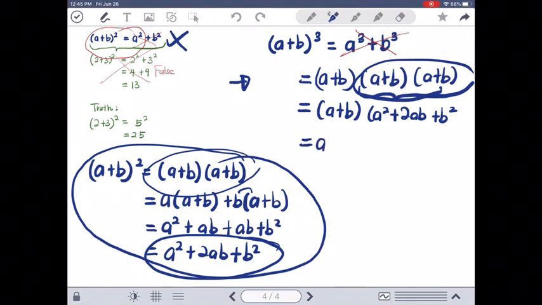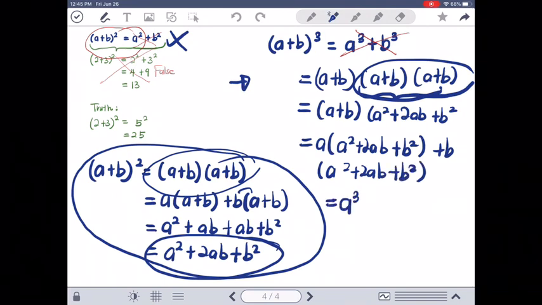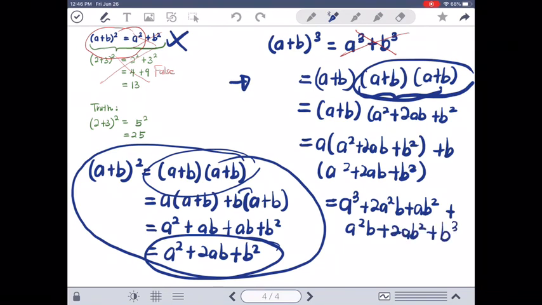Expand manually, A squared plus 2AB plus B squared plus with B times with A squared plus 2AB plus B squared. So equals to A to the power of 3 plus 2A squared B plus AB squared plus A squared B plus 2AB squared plus B to the power of 3.